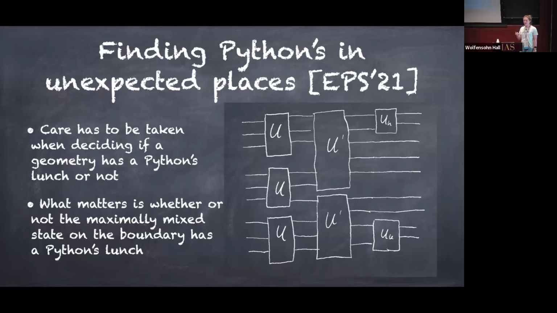The reason is that in AdS/CFT, when you're considering whether or not your geometry has a Python's lunch, you can't just pick a particular boundary state. You have to consider a distribution over all the states on your boundary.